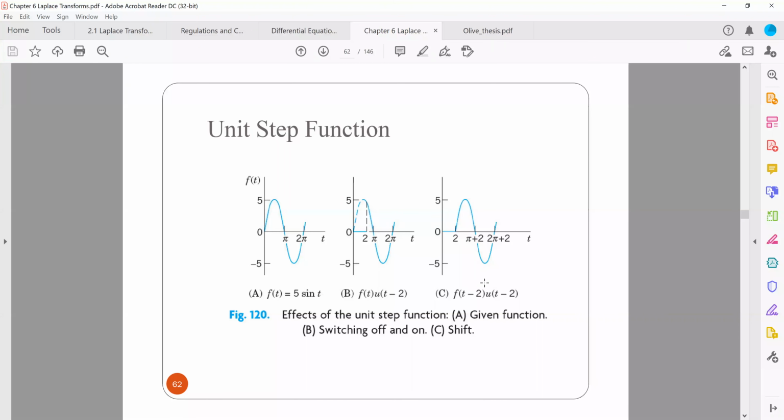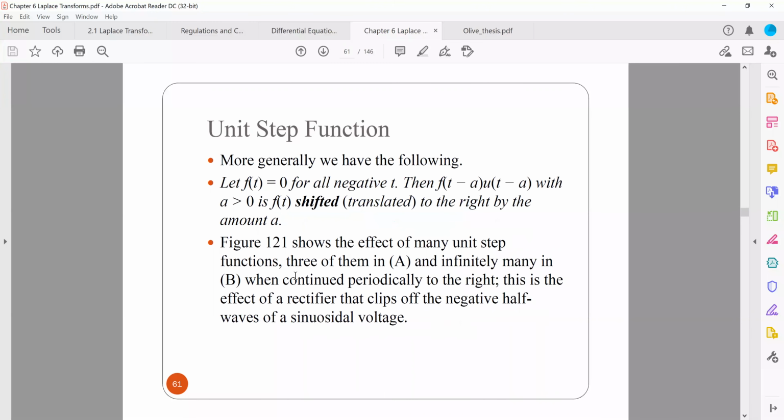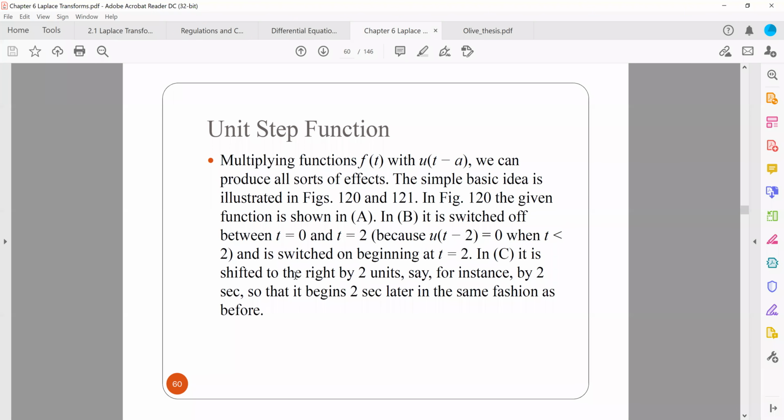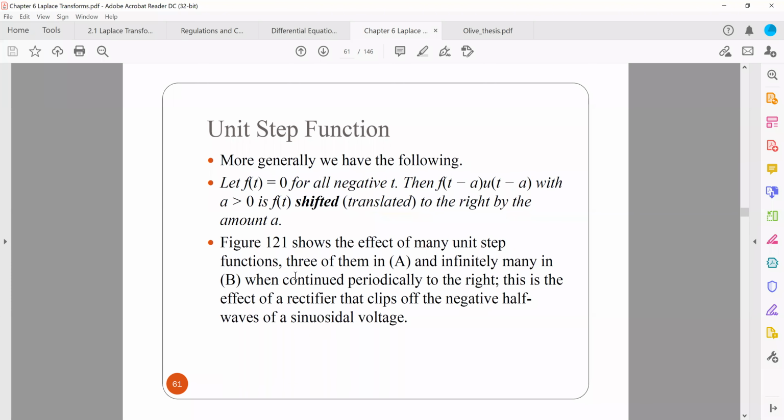So if both of them are delayed, then you'll be able to recover the same signal, but it will have started, let's assume these are seconds, 2 seconds later than the original signal. What else did I say here? Yeah, this is just what I just said.